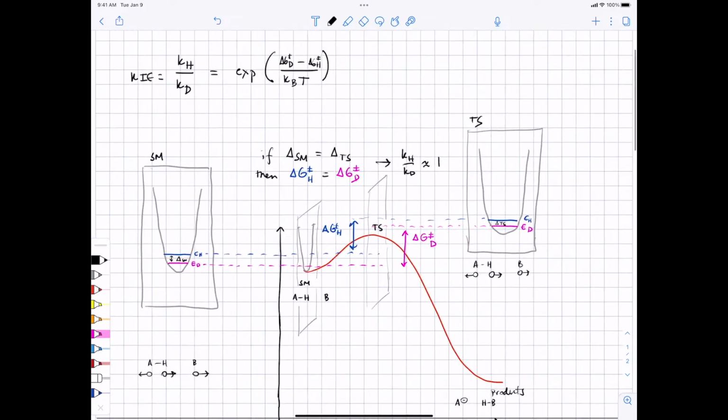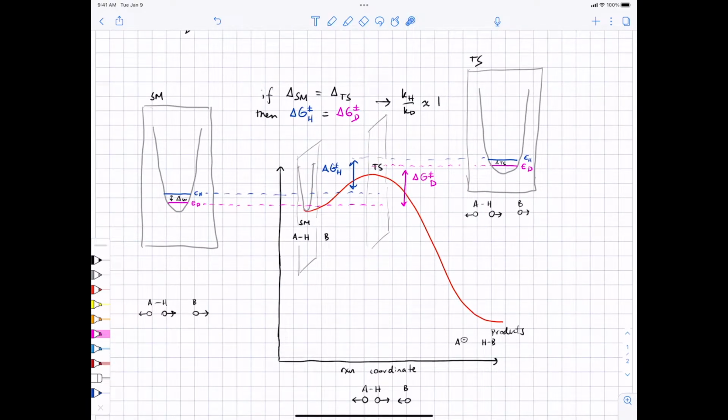so what does that tell you? If the transition state is very starting material-like, then is this bond very broken in the transition state? And the answer is no. Okay?